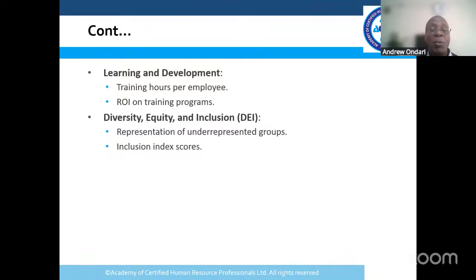So when we talk of representation, there must be a balance among employees in terms of 1, gender, male, female, or otherwise.